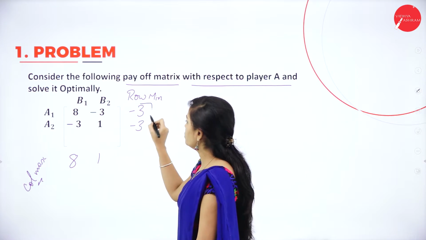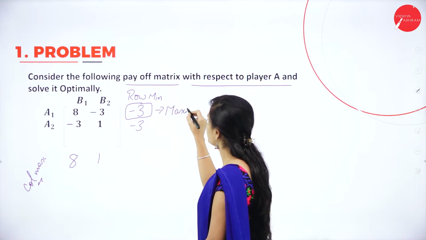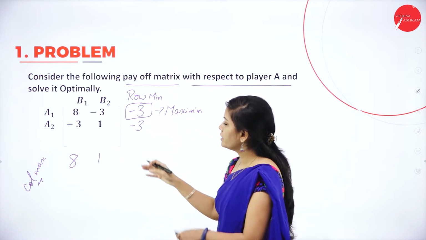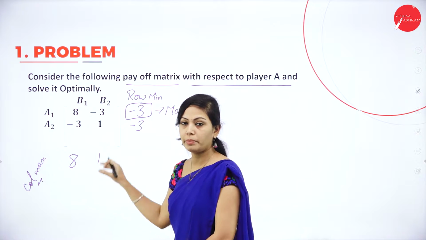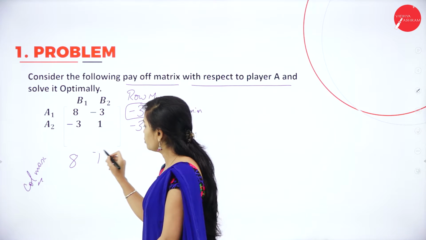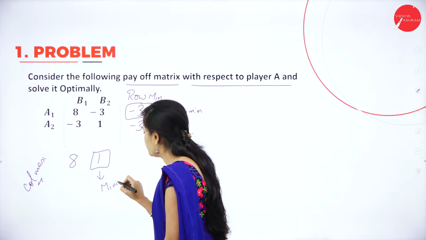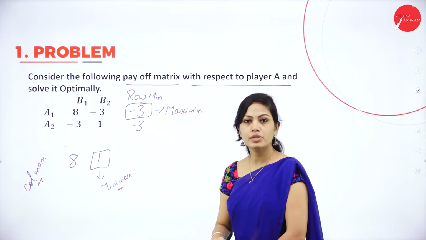So here the maximin value is minus 3. Then coming to the column maxima, we have to find the minimax value, the minimum value in the columns. Here the minimum value is 1. So this is the minimax value. The maximin value is minus 3 and the minimax value is 1.